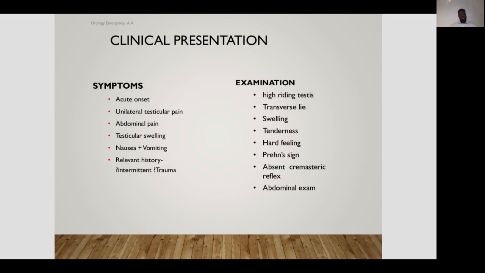You need to check for any skin changes, any redness, any scarring, any signs of previous surgeries. All of this is helping you make up your mind on what exactly you think is going on with this patient. If there's a swelling, try to see if this swelling arises from the groin or if it arises from the scrotum.